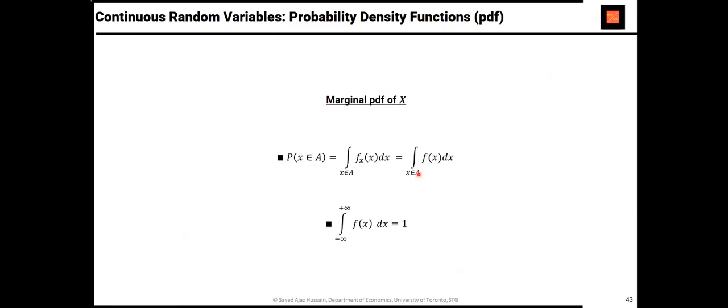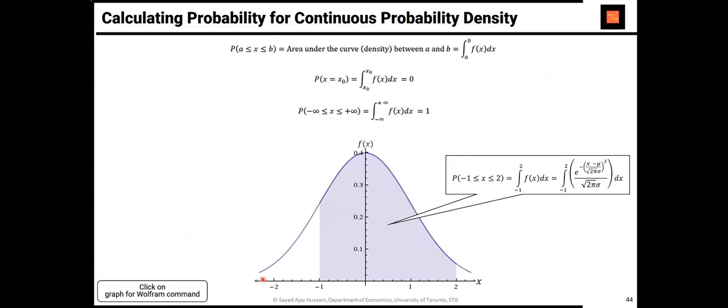This simply says the following: the chance that x is in some area is the integral of the density over that area, and the total area of the density has to be equal to 1. Here's what it means in plain English. Here's a density, f of x.